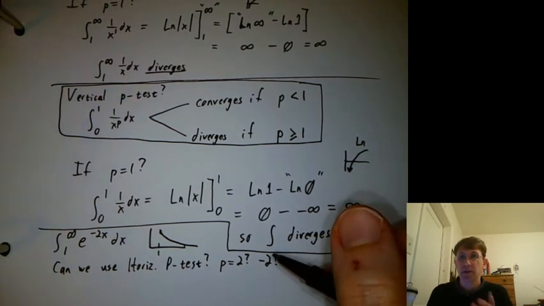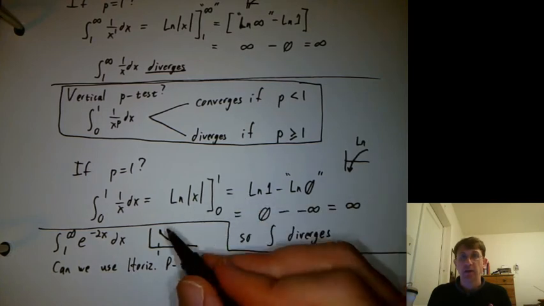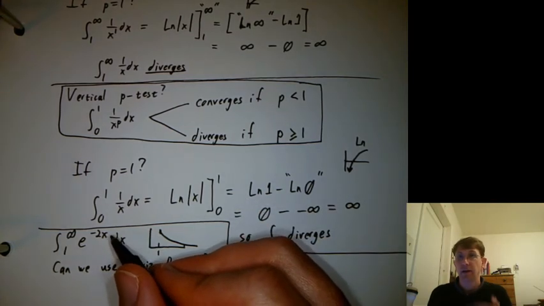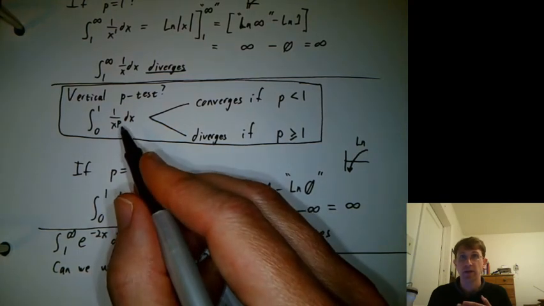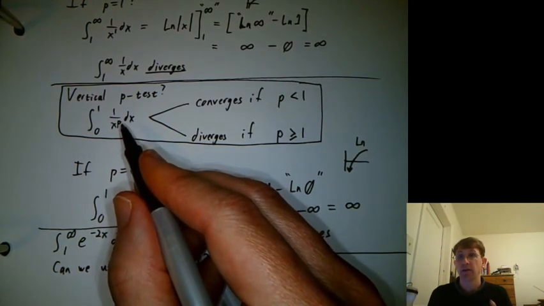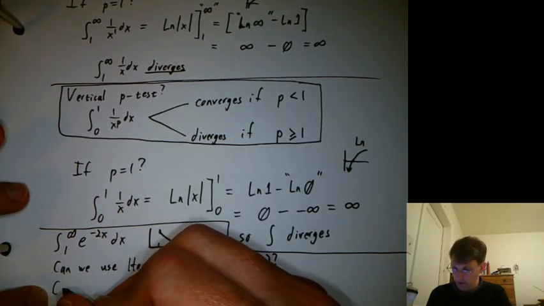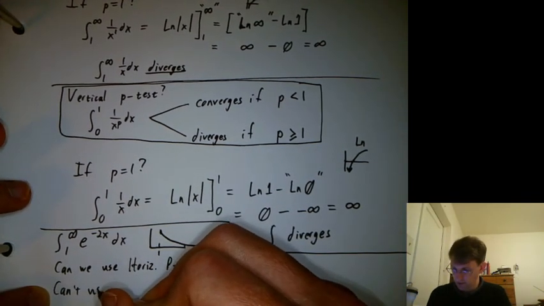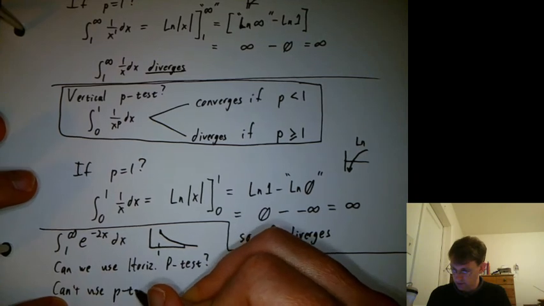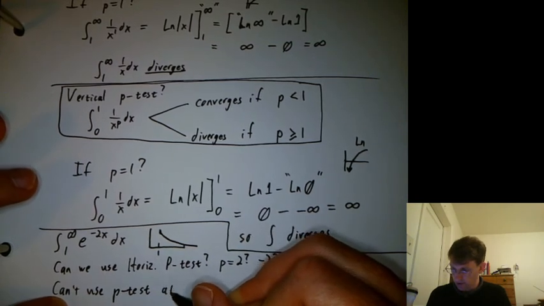Well, the answer is p does not equal anything, because here we have x in the exponent rather than in the base. So notice in the p-test, p is a constant in the exponent, but here the exponent is not constant. So we can't use the p-test at all.